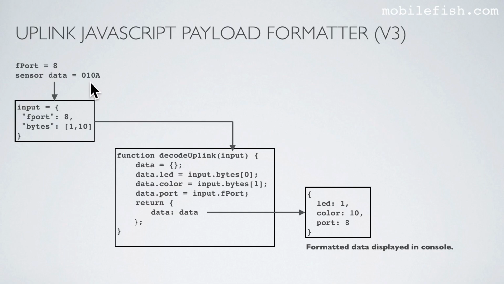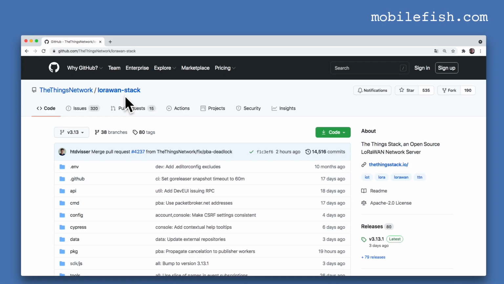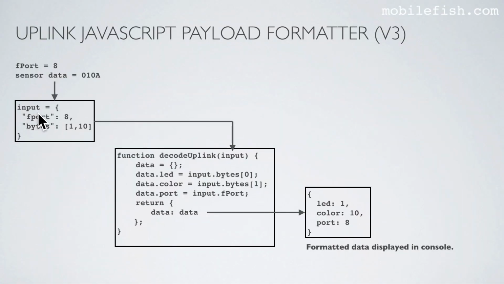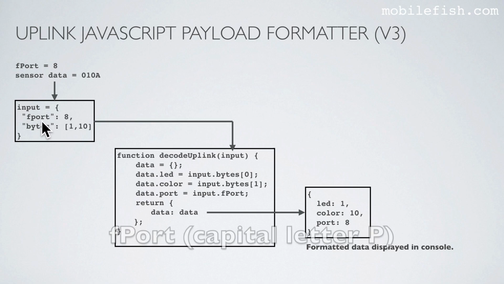A sensor transmits this binary data using this FPort. The LoRaWAN stack, referring to this software, creates a JSON object called input with the following key value pairs: FPort key with the value 8, this 8, and the bytes key with this array.